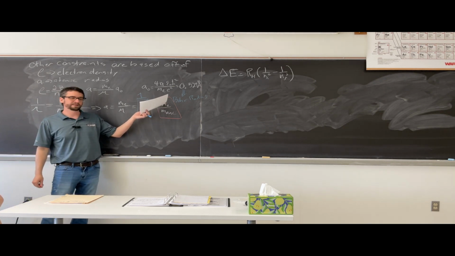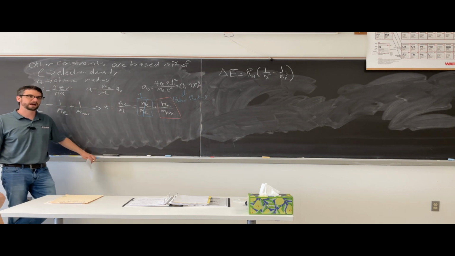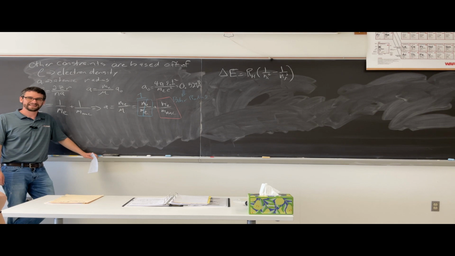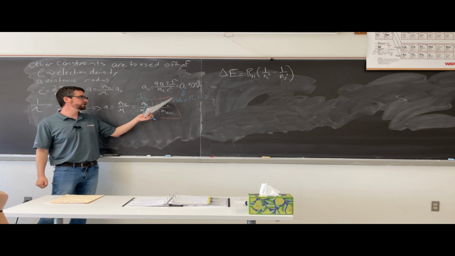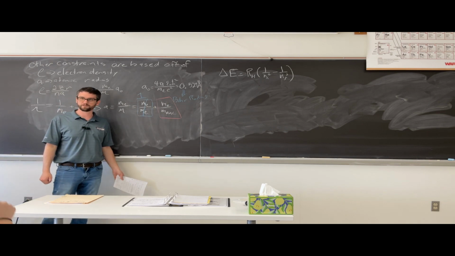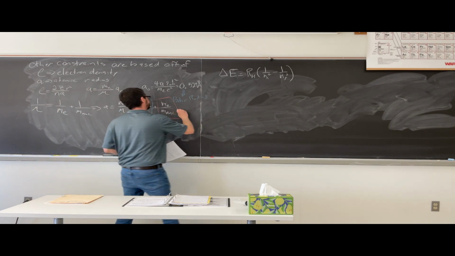Do the mass of the electron and the mass of the hydrogen equal one another? Or the mass of the proton? It's going to be really, really small. These two differ by a factor of 10 to the fourth. So what could we approximate this to be?